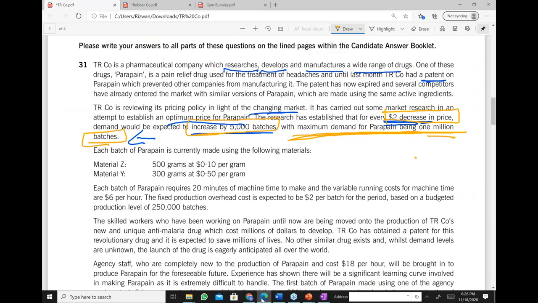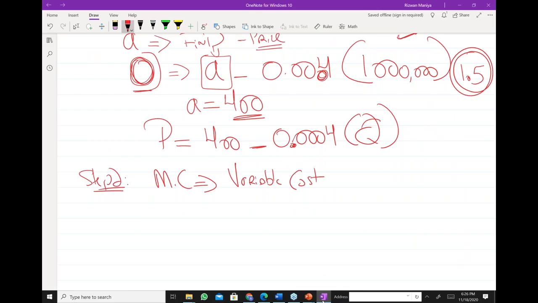Each batch is currently made using the following materials. Material Z, material Y. 500 grams at the rate 0.1, 300 grams at the rate 0.5. So are these two material costs variable? Say yes or no. The answer is yes. So let's start working.